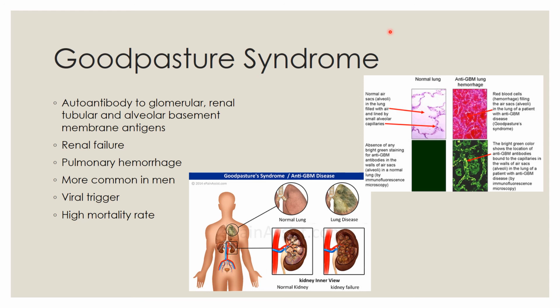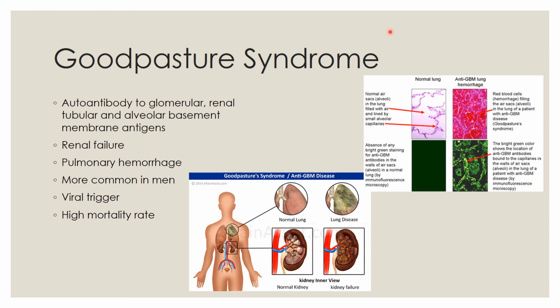This one's unique among autoimmune disorders in that it is actually more commonly found in men, usually men between the ages of 18 to 35. And it is often secondary to a viral infection. The issue with this is a very high mortality rate. The mortality rate is as high as 50% with this particular disease.